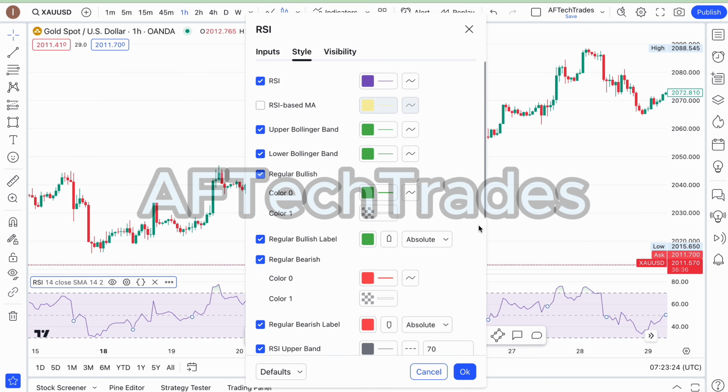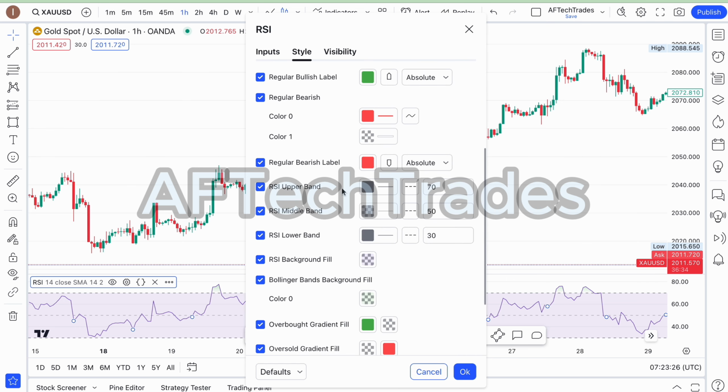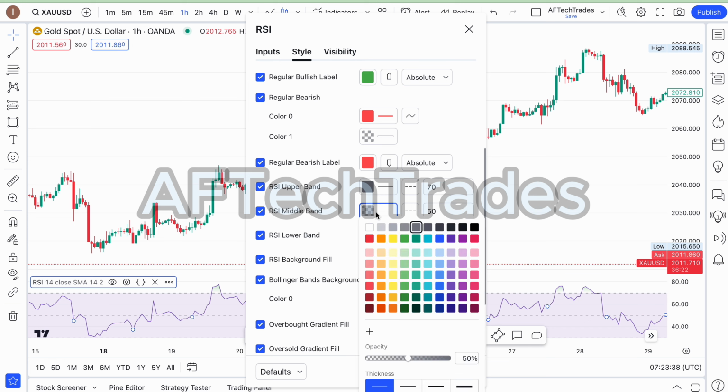So you move down to the RSI upper band, RSI middle band. You see the upper band is 70, the middle band is 50, and the lower band is 30. So you come to the middle band and change the color, let's make it black.